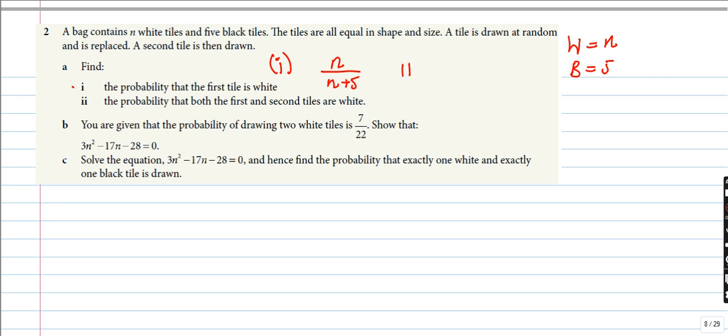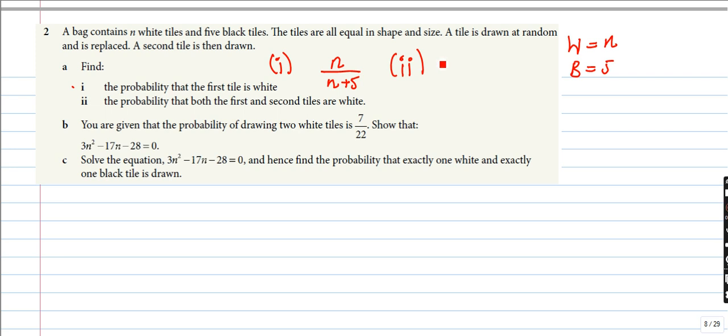Number 2 is asking for the probability that both the first and the second tiles are white. So if the first has been drawn, that means the number of white has been reduced.